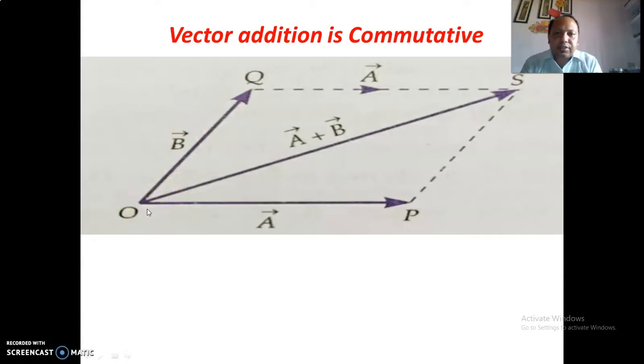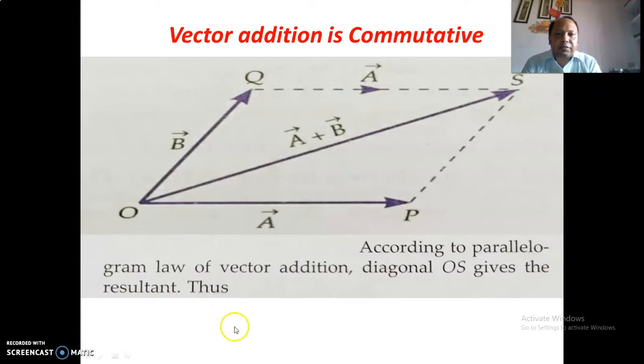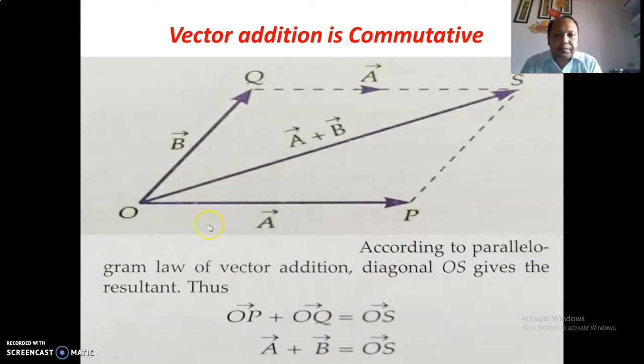Then we know the resultant of these two vectors is given by the diagonal of the parallelogram passing through the same co-initial point. So according to the parallelogram law of vector addition, what we can write here is vector OP plus vector OQ is equal to vector OS.